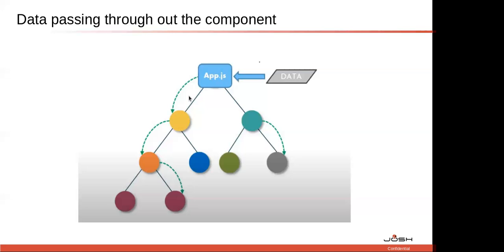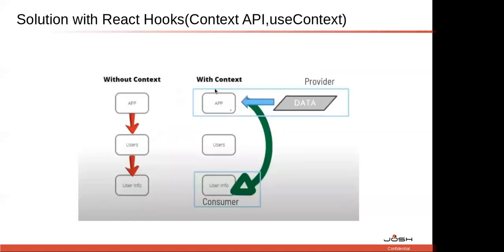So we cannot directly pass data from child to parent. For this we have some solutions, like React hooks and the Context API. You might have learned that, or you will learn it.